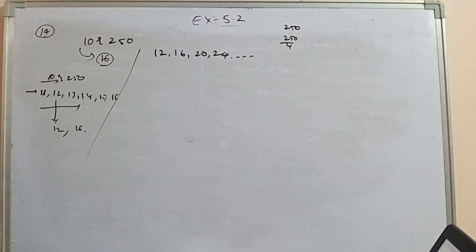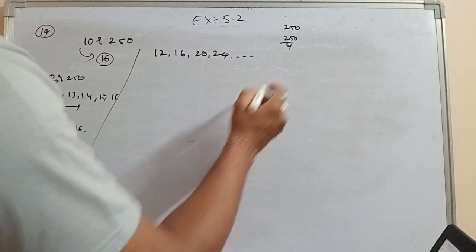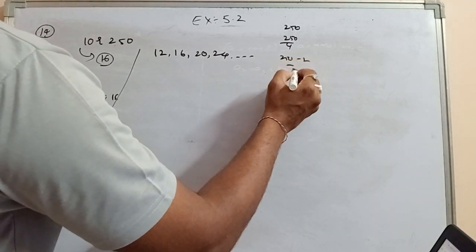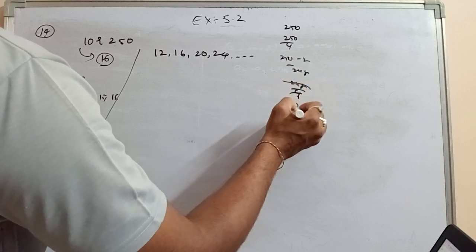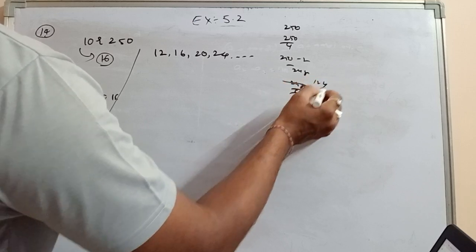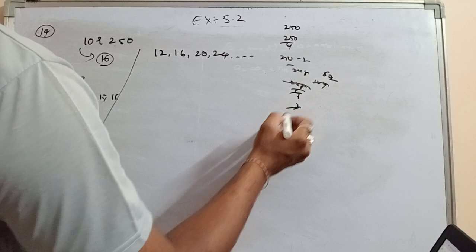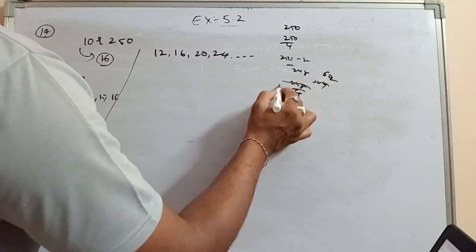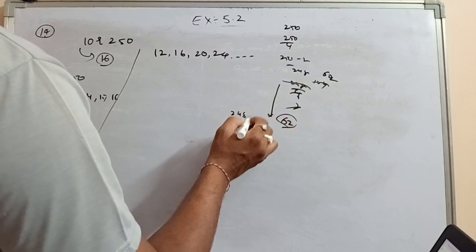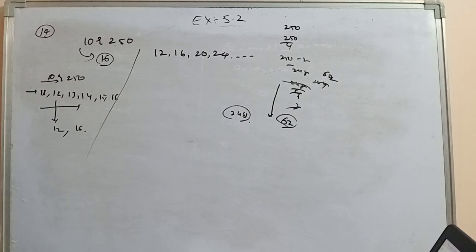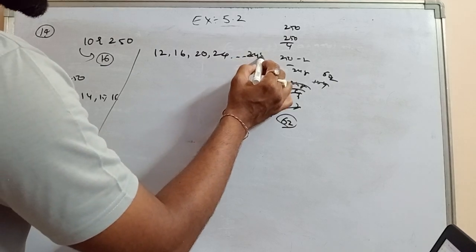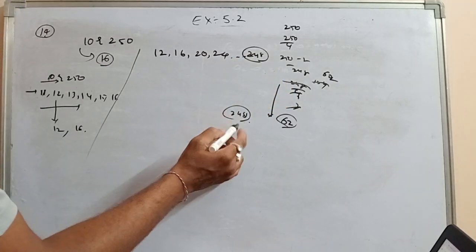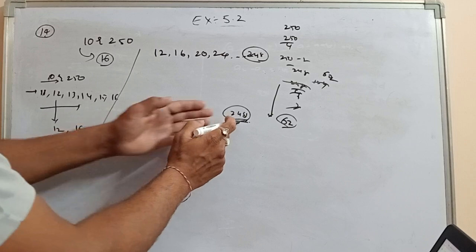250 is not divisible by 4. In the same way, 250 minus 2 will be 248. 248 divided by 4: 4 twos are 8, 4 ones are 4, 4 sixes are 24, so the answer is 62. So here 248 is divisible by 4, right? So the last term will be 248. Understood? Why 248?